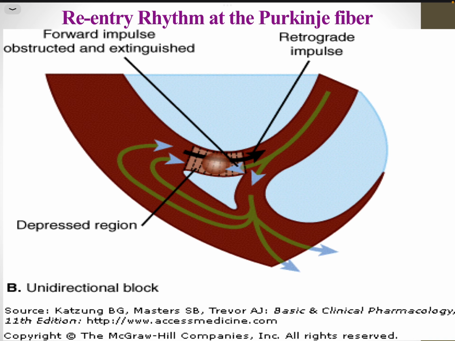What is this bundle of Kent? We know the function of the bundle of His is to propagate the electrical conduction of the heart. We also have accessory pathways, other pathways that can transmit the electrical signal. They're not always functional, but when we need them, they become functional.